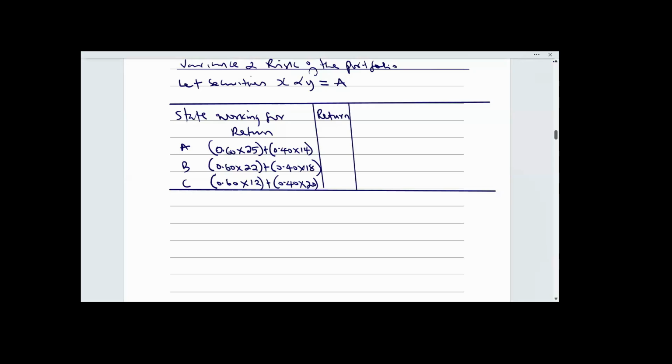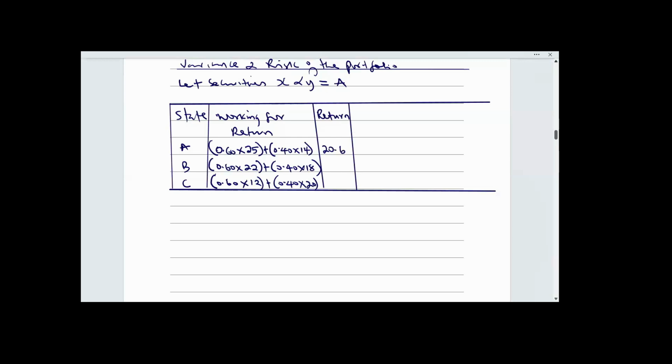What do you have? 0.6 multiplied by 25 plus 0.4 multiplied by 14. 20.6.